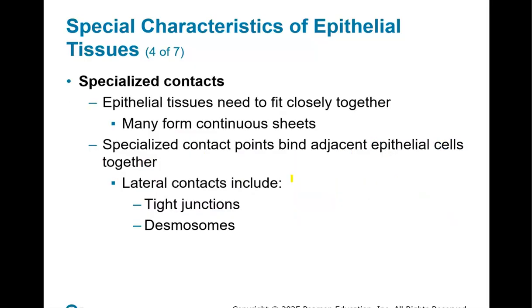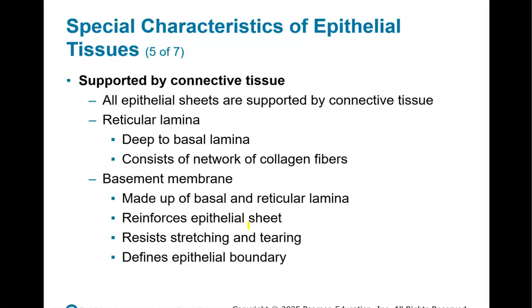All right, and then the specialized contacts are going to be cell junctions, junctions that connect cells to other cells that are beside them. They're called lateral contacts. They are tight junctions and desmosomes. So they connect the epithelial cells to one another on the sides of the cells.